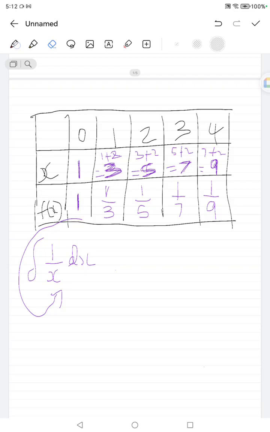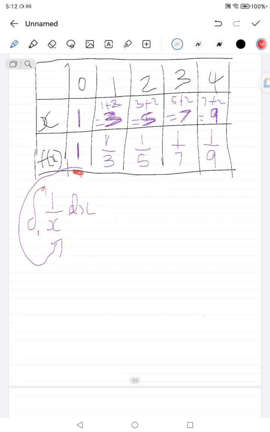They're saying you must do your estimation between 1 and 9. So you start exactly at this region.